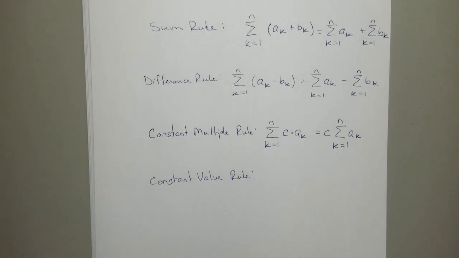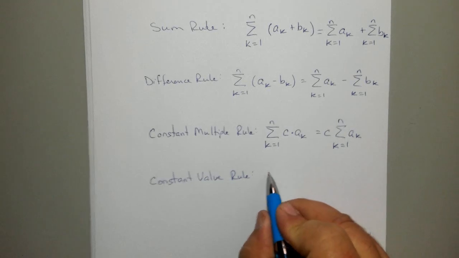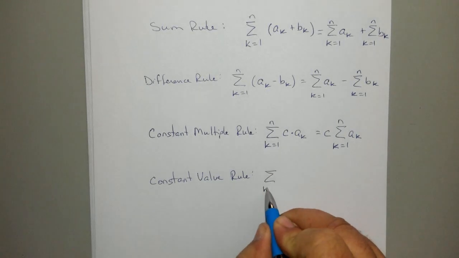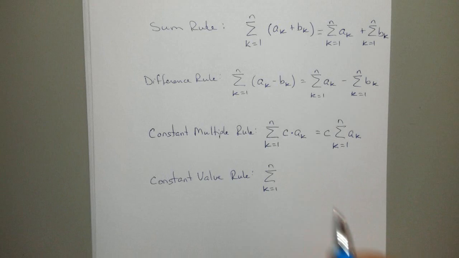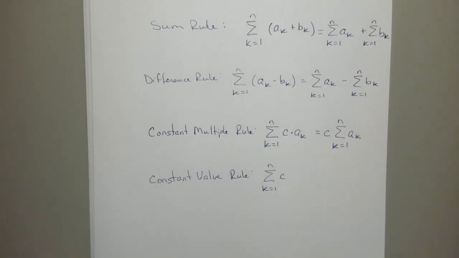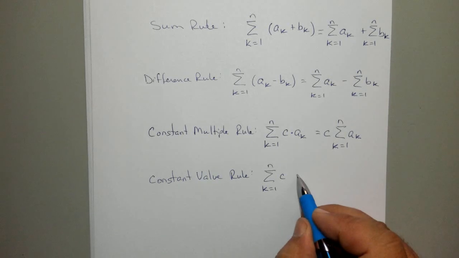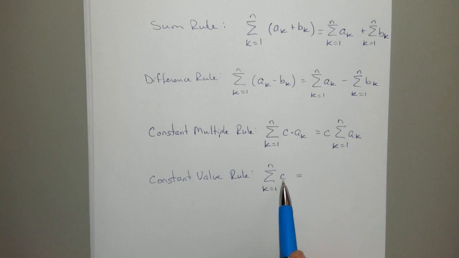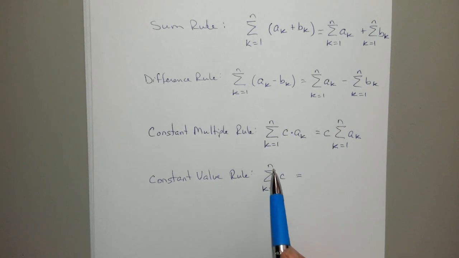The constant value rule. There's no index on that one. It's just a constant number. What this means is you're going to add this number to itself n number of times.